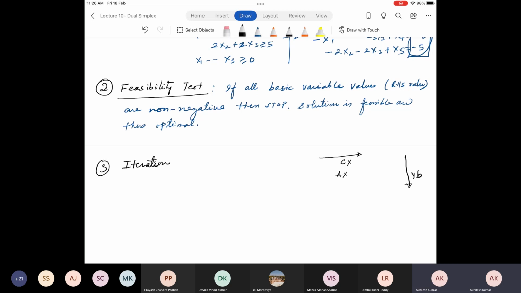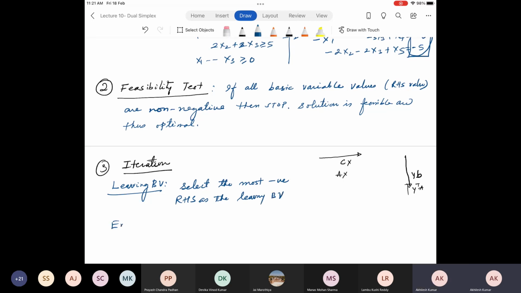Here we write AX, here we write Y transpose A. So in some sense, it is a transpose. So instead of the entering variable, we first look for the leaving basic variable. The leaving basic variable is selected by choosing the most negative RHS value.